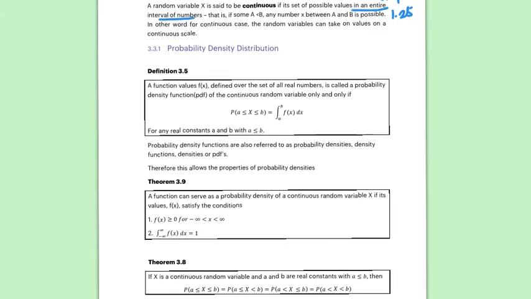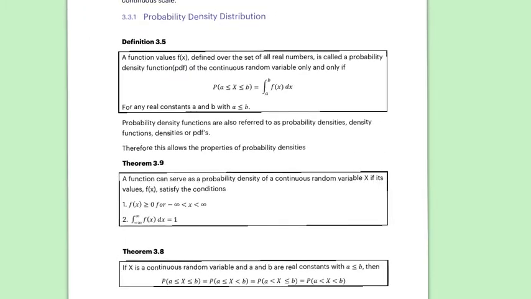And then for 3.31, we have the probability density distribution, definition 3.5.